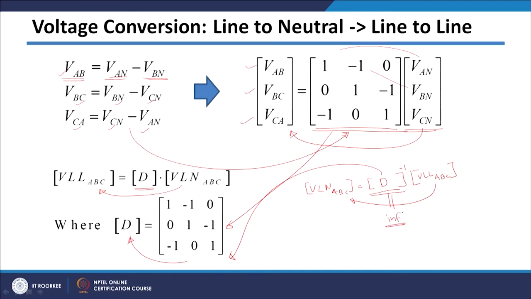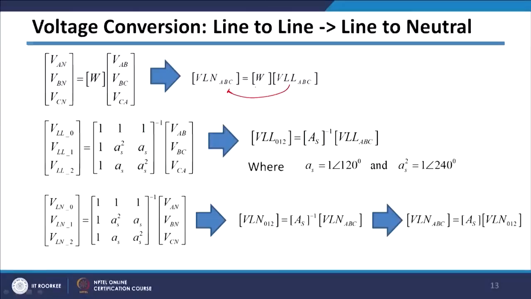So in that case we need to find out how we can convert, meaning what this matrix here will be. I'm calling this the W matrix, and we want to find out what this W matrix is, which converts unbalanced line to line voltages to unbalanced line to neutral voltages.